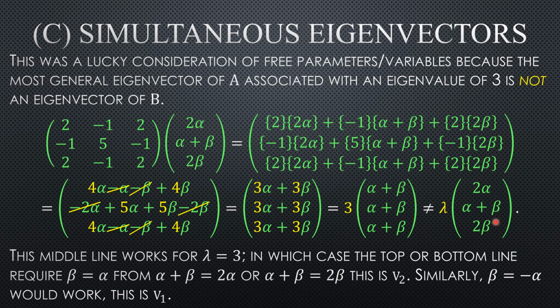Or if we want alpha plus beta to equal 2 beta, we see that alpha equals beta once we subtract the betas over. So either way, we get this conclusion that beta has to equal alpha. Similarly, we could also say that these two could be equivalent if we allow beta to equal negative alpha, at which point we can get some nice cancellations and substitutions for that middle element, so we're good to go. But either way, these tweaks of the parameters were needed.